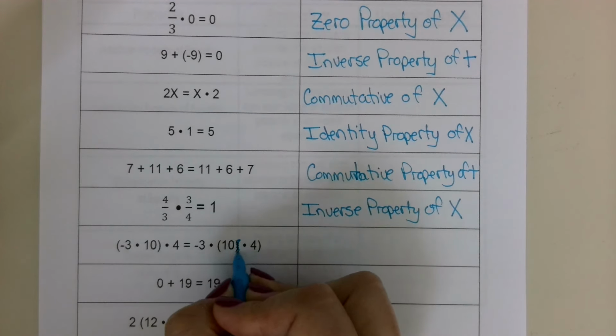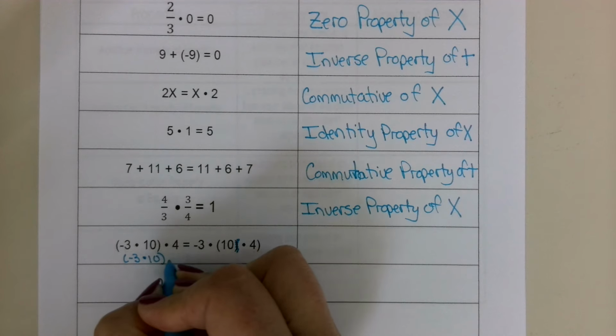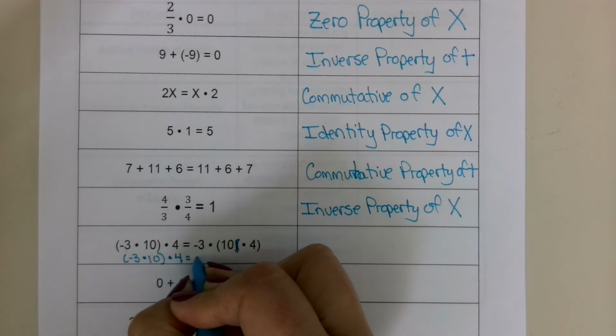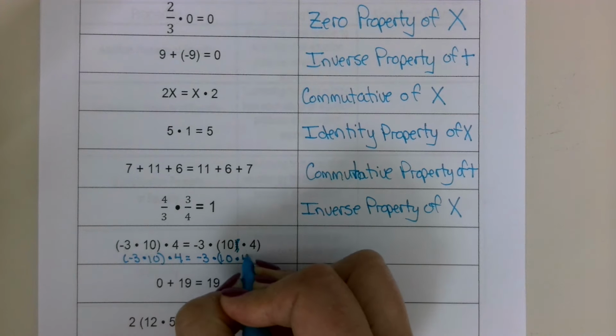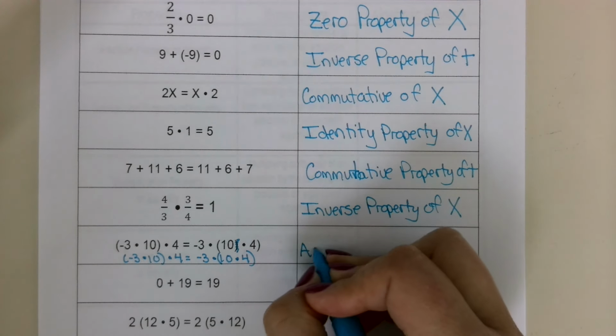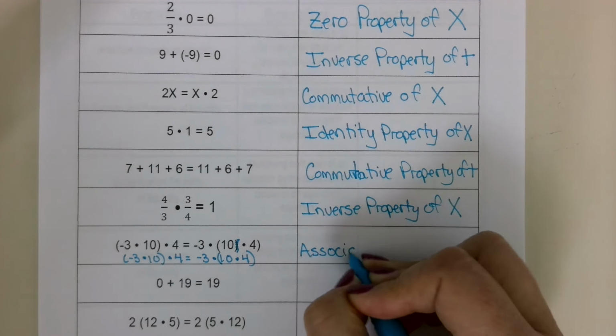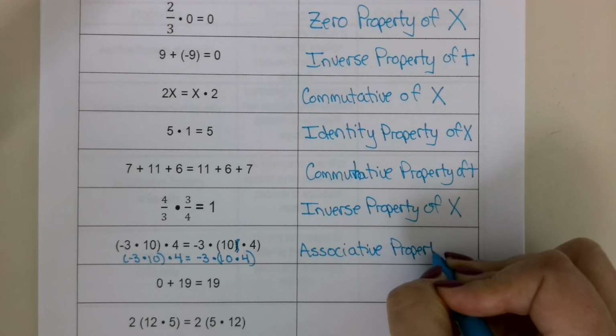There shouldn't be a parenthesis there. This should look like -3 times 10 times 4 equals -3 times 10 times 4. Sorry about that. My parentheses are around different numbers. It's the associative property of multiplication.